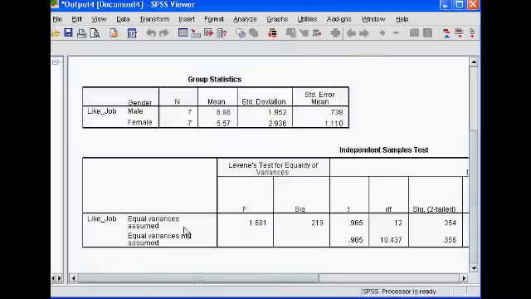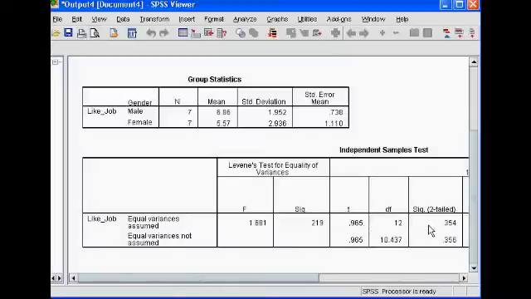The first line here, equal variance is assumed, with this significance test. Basically, this is an assumption you need to correctly interpret the results of your test. And because the significance level is higher than 0.05, we can use the line equal variance is assumed and read on over.